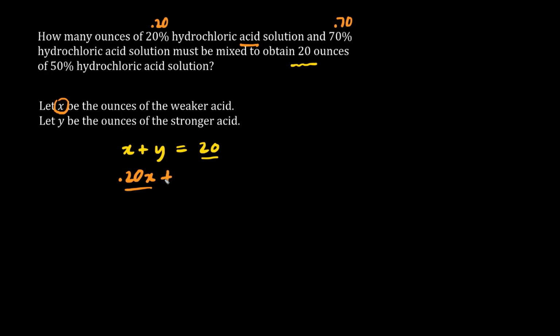And we add a certain percentage of Y, which is 70%. 70% of Y represents only the acid found in this solution, equals, when we add some pure acid with some more pure acid, we know that we're going to have 20 ounces of something, but not at 100%, at a concentration of 50% of 20 ounces. This here is the mixed solution.